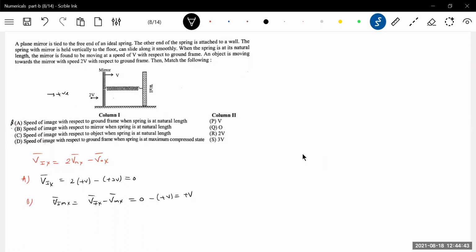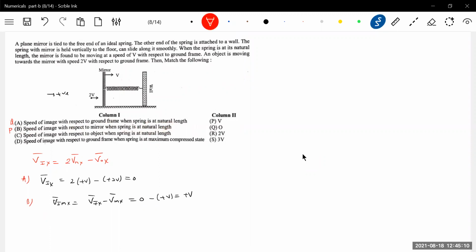Yes, this is Q. This is P. Speed of image with respect to mirror when the spring is at natural length. See, very simple. Just that the spring is brought in, all of a sudden we start seeing something big. Just stick to the basic formula.